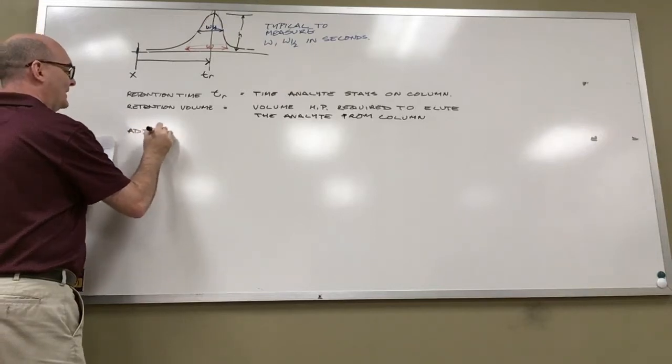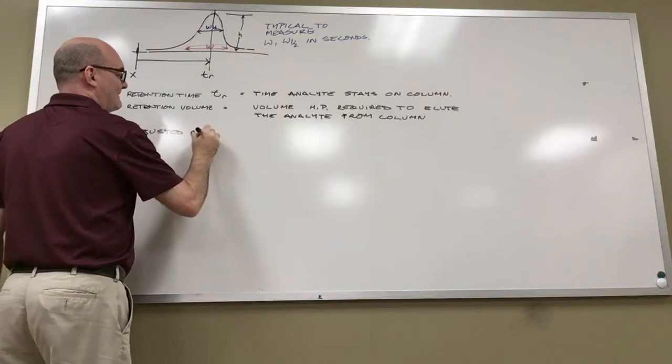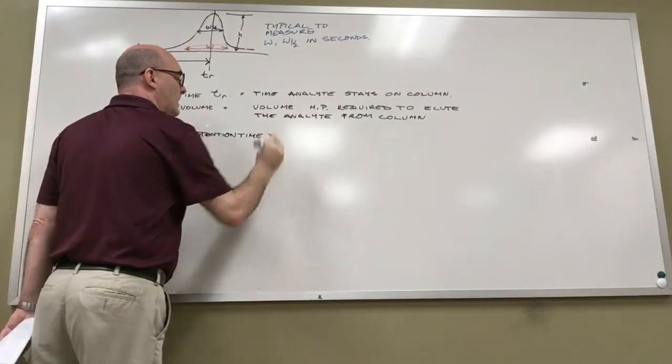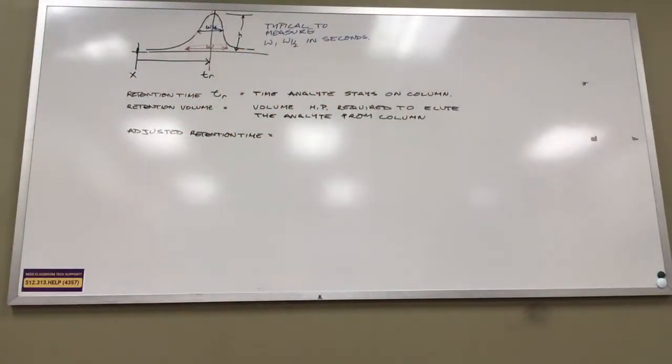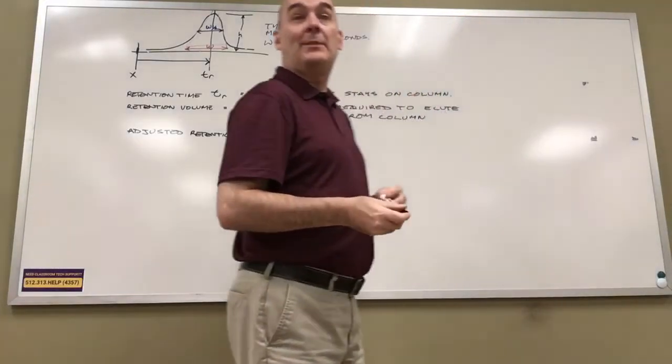Here's where we start getting into a little bit of that. The retention time itself is subject to so many experimental parameters that we cannot just use the time that it takes to elute from the column as something that is going to predict what happens next.